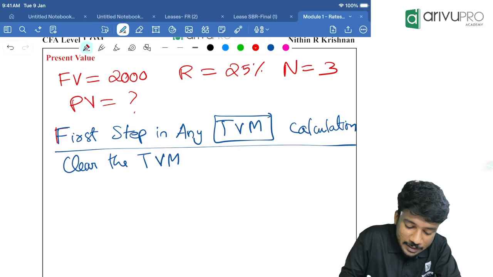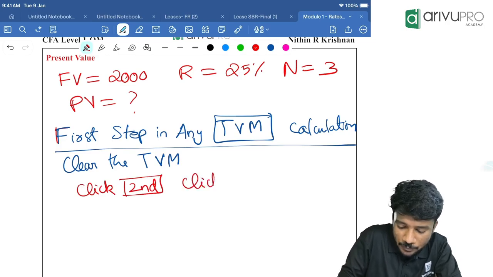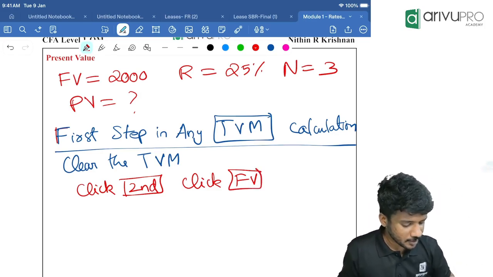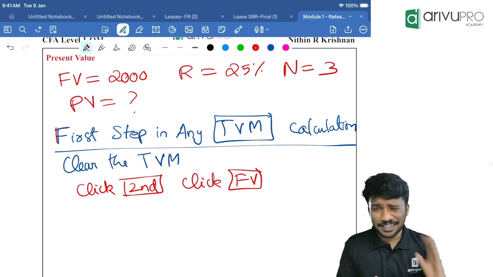How can you clear TVM? Click the second button, then click the FV button. That means we are clearing the entire time value of money calculation. Then you can clear it normally.